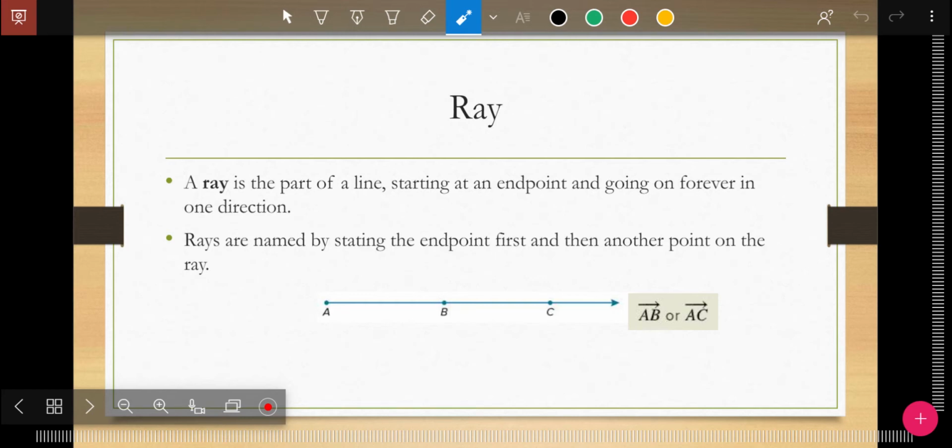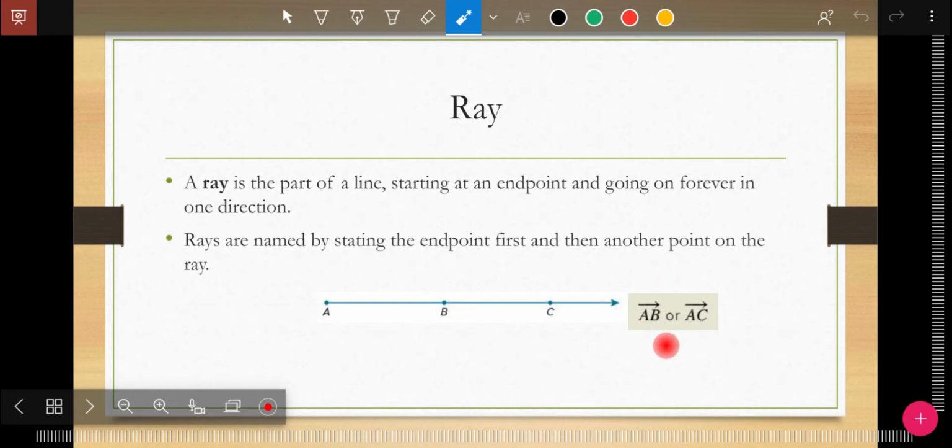A ray starts at an endpoint and then goes forever in one direction. Okay. And so this is ray AB or ray AC. It does not matter which way you name it, either point besides the endpoint, but it has to start with A because that's where the endpoint is. Right?